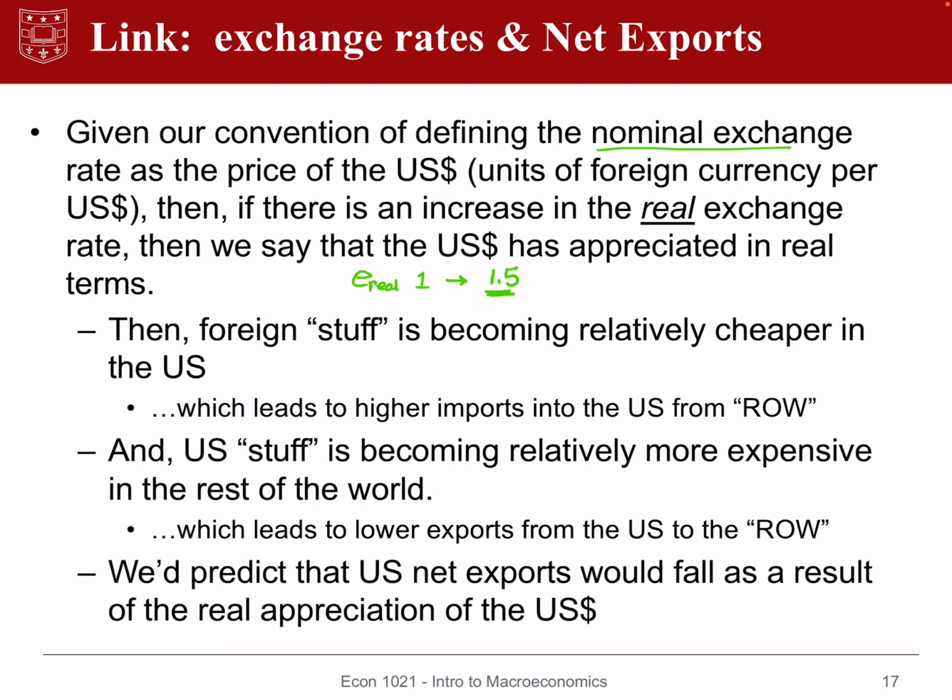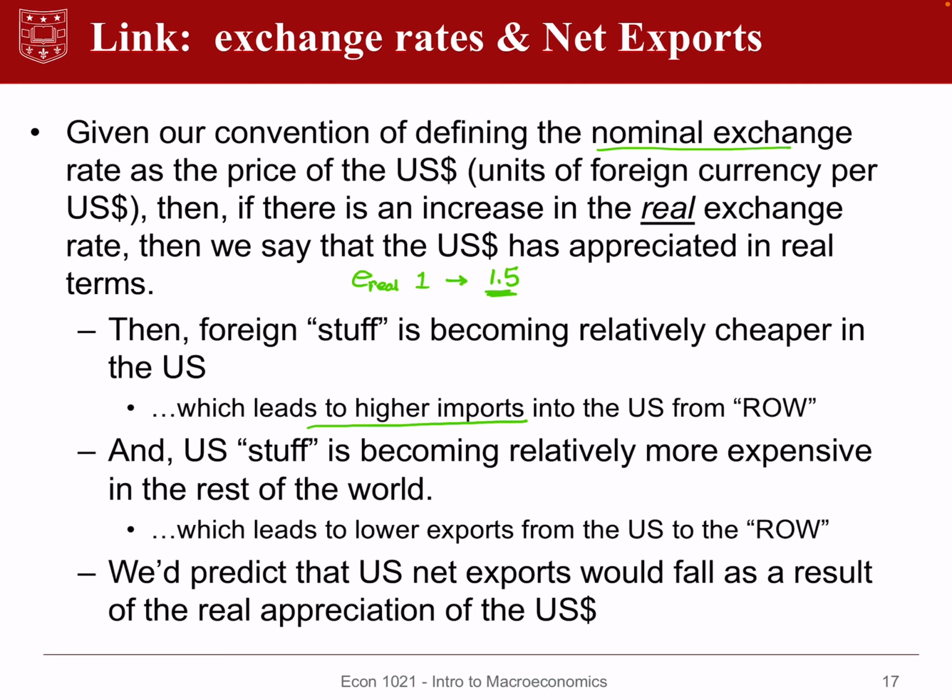When the real exchange rate was 1.5 tons of Chinese steel per ton of US steel, we said that meant that foreign stuff, in this case Chinese steel, was relatively cheap from the perspective of the US. And so what would that tend to do? That would tend to lead to higher imports into the US from the rest of the world. And indeed, in our example, we said we should buy steel from China. We should import more steel from China.